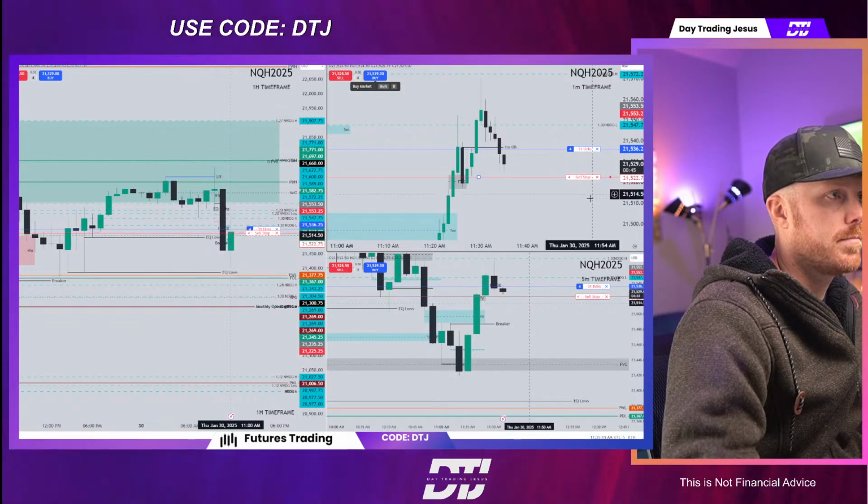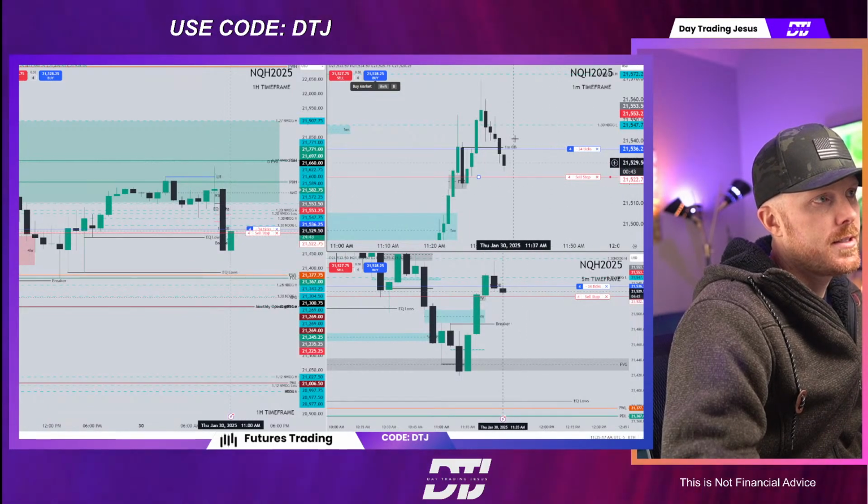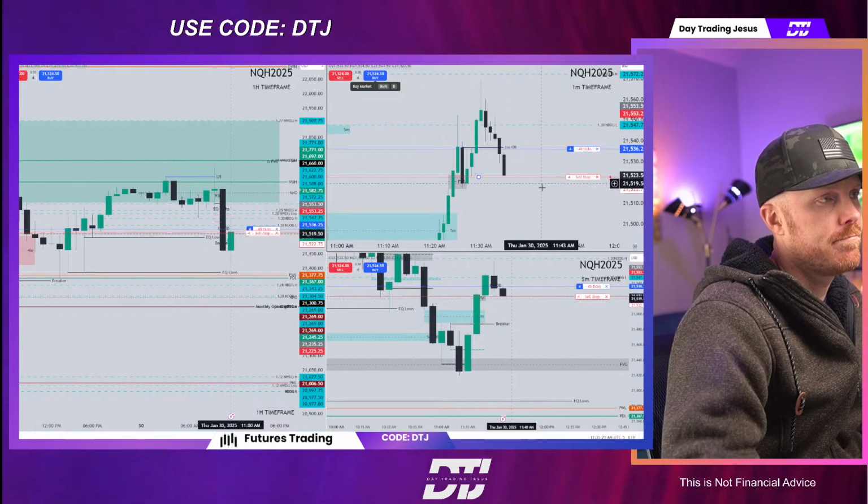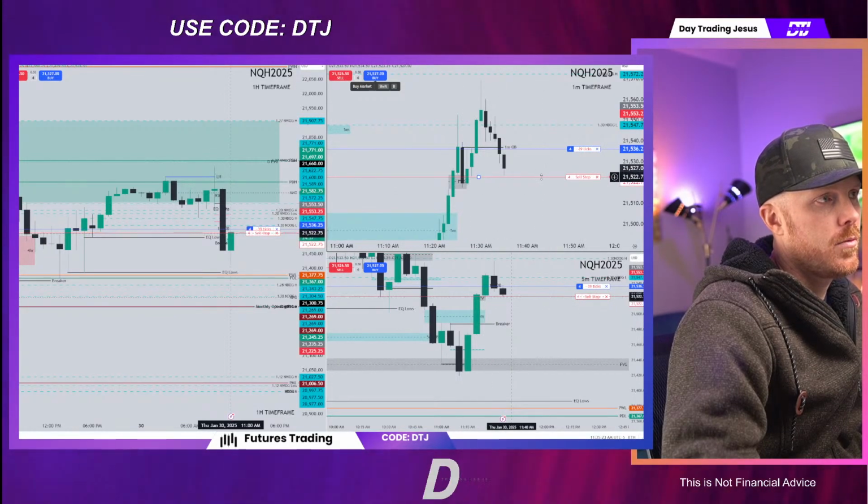Put it right there. Let's see if it wants to do it. Went into the order block. That's what I wanted. And we're probably getting stopped out.